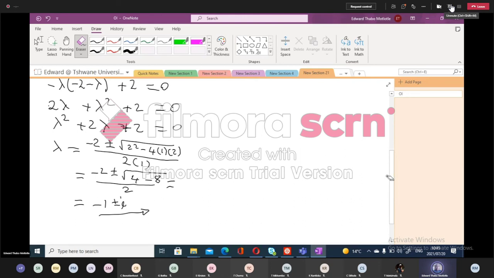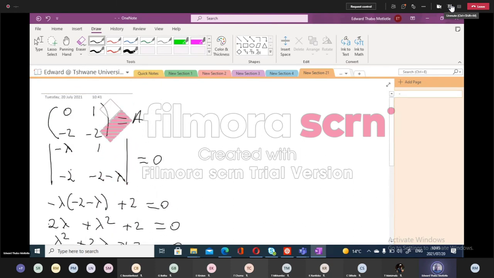So now let's substitute. This means that we have lambda 1 equals to minus 1 plus i, and lambda 2 equals to minus 1 minus i. Now we have to substitute here. So we have to solve minus 1.